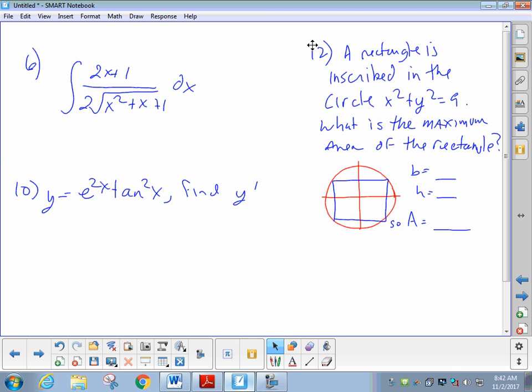If you agree that I could draw a rectangle up to here, yeah? What's the base of that rectangle? Yeah, if this is 2, then what's the base? 4. So you're saying the base is not x, it's 2x. Okay, and the height is not y, but 2y.